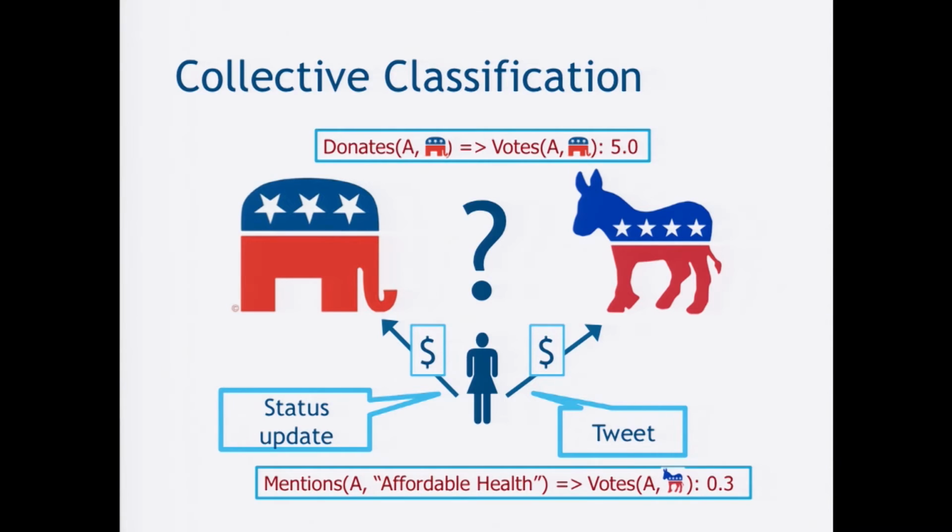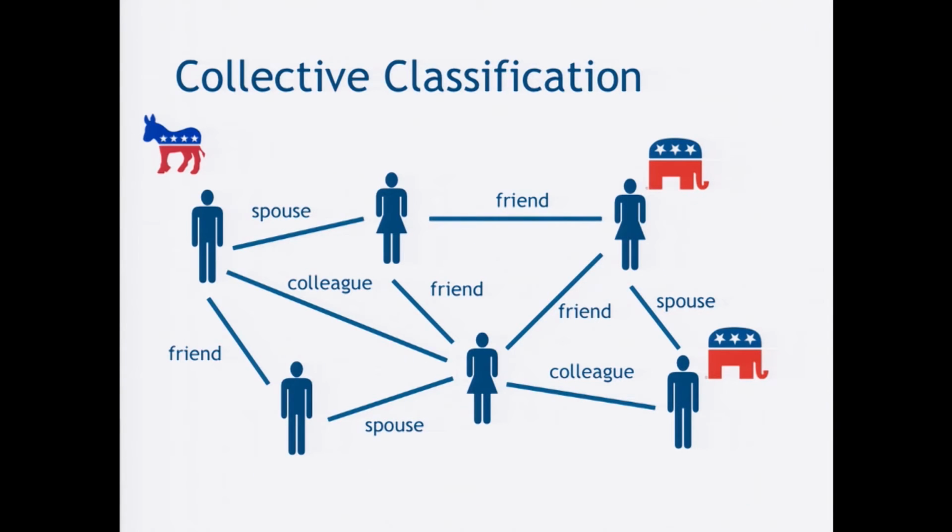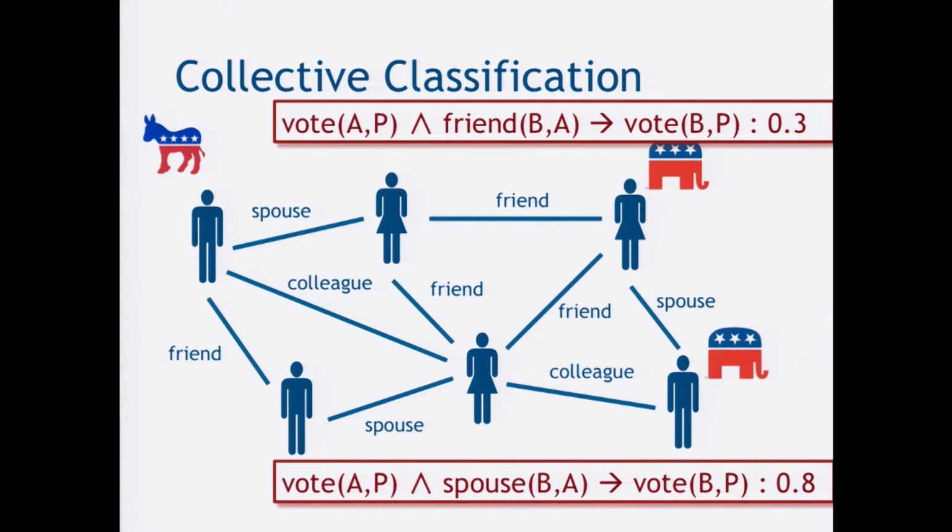But from a network perspective, I also want to be able to take the labels that I have and say, okay, well, if a friend votes for a particular party, maybe that means I'm more likely to vote for that party. If my spouse votes for a particular party, then I'm even more likely.